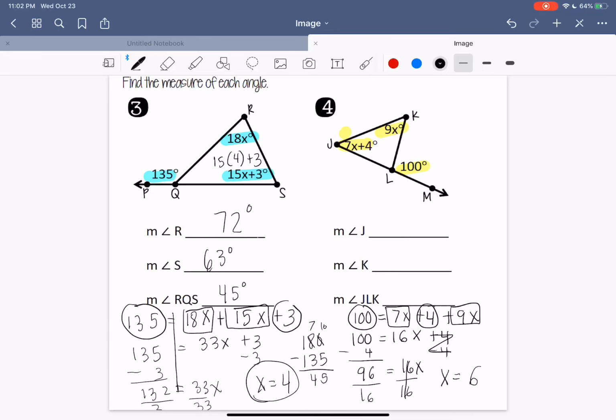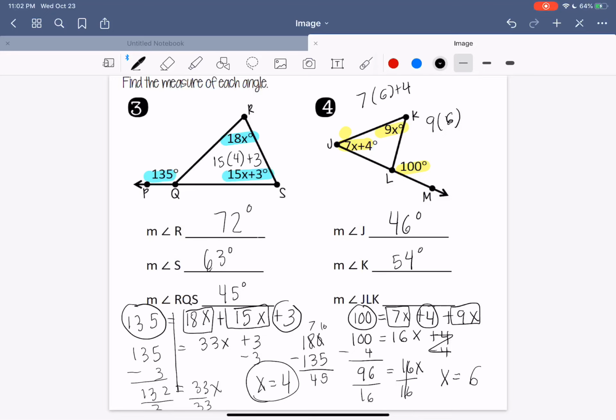So again, that middle angle, JLK. As we substitute, 7 times 6 plus 4 for J, 9 times 6 for K. 7 times 6 is 42. 42 plus 4 is 46 degrees. 9 times 6 is 54.